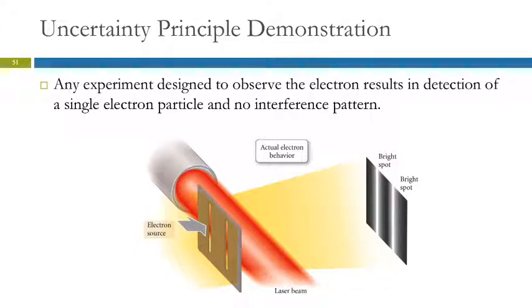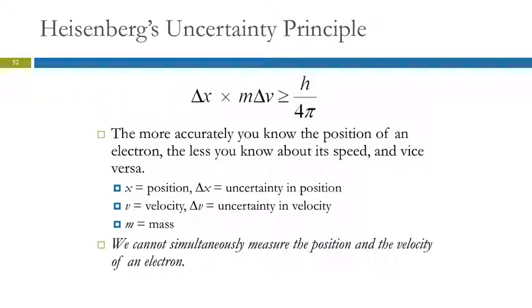And it's not just this experiment. Any experiment. You try to nail it down in one way, and you get less and less about the other. And Heisenberg actually quantified this. Heisenberg's uncertainty principle, we're not going to do a lot with this equation. But basically what this says is the more accurately you know the position of the electron, and to know its position, it would have to be a particle, then the less you know about its speed, and vice versa.